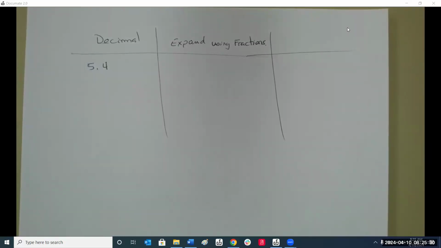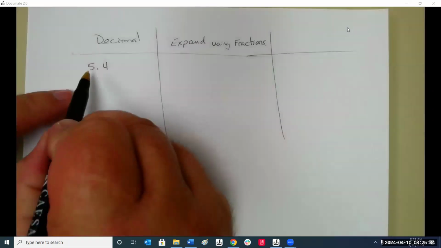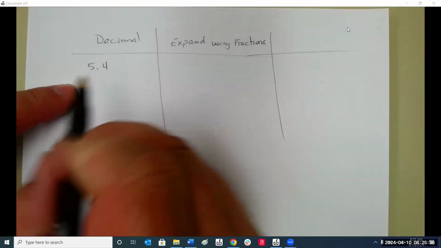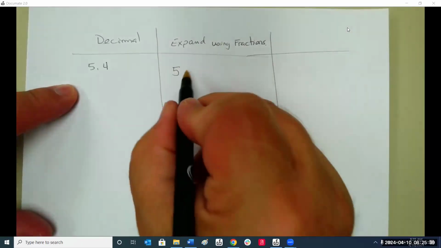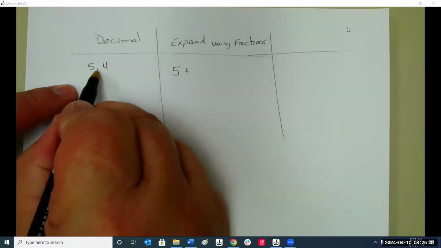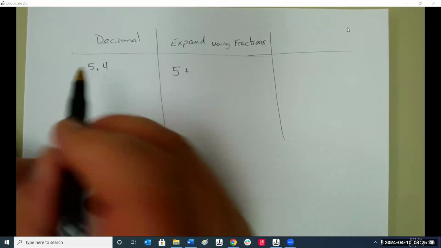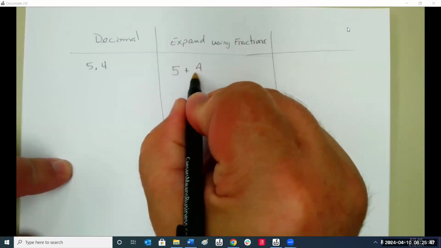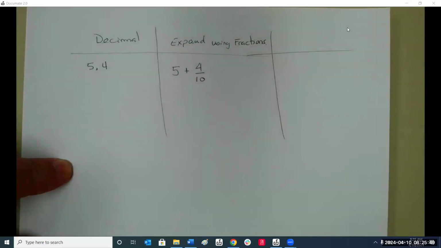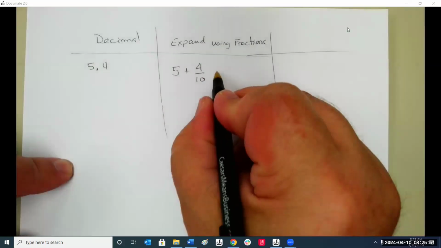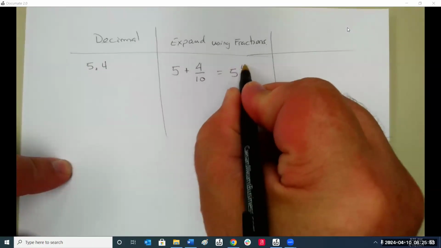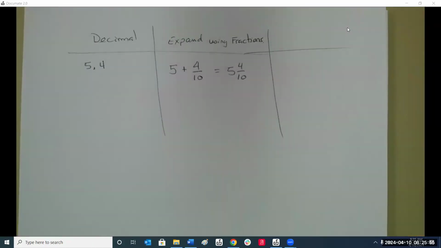It's what we just did. What does the 5 represent? It's just the whole number, and you add to it what is this decimal 4 number? How would you represent that? Which equals 5 4/10.